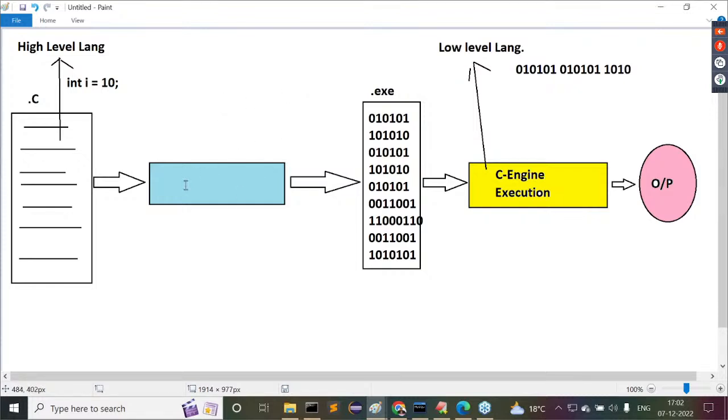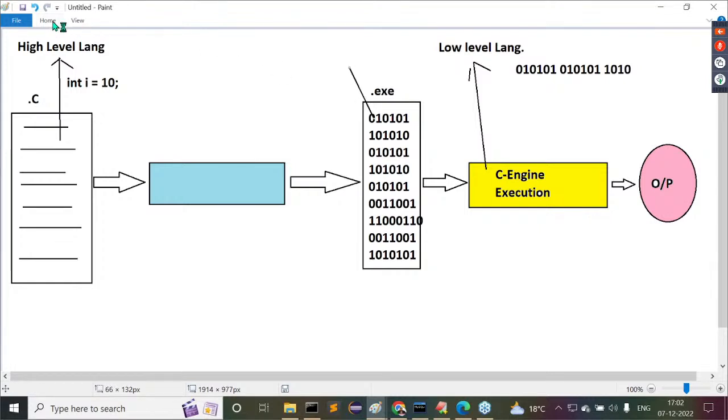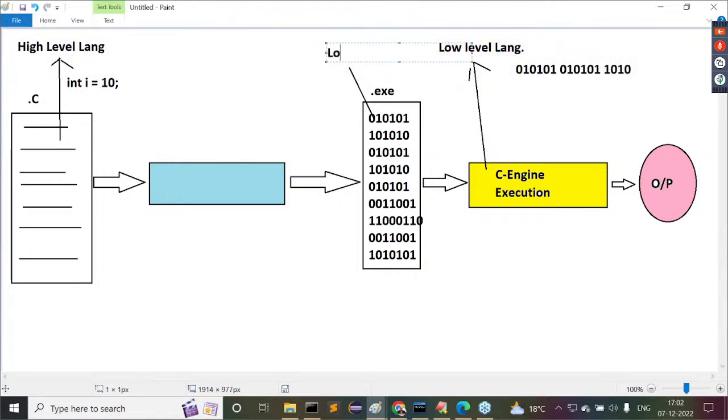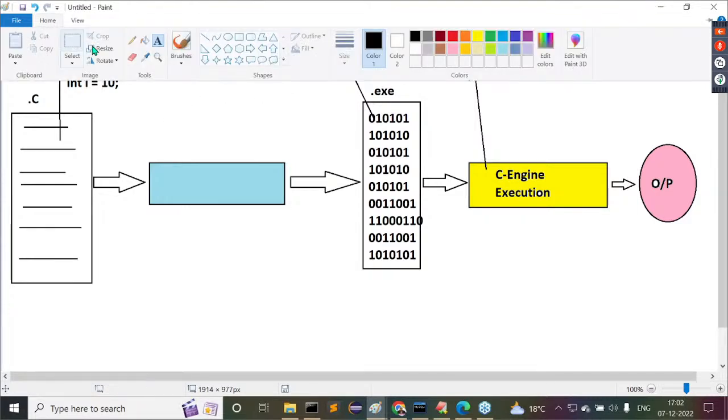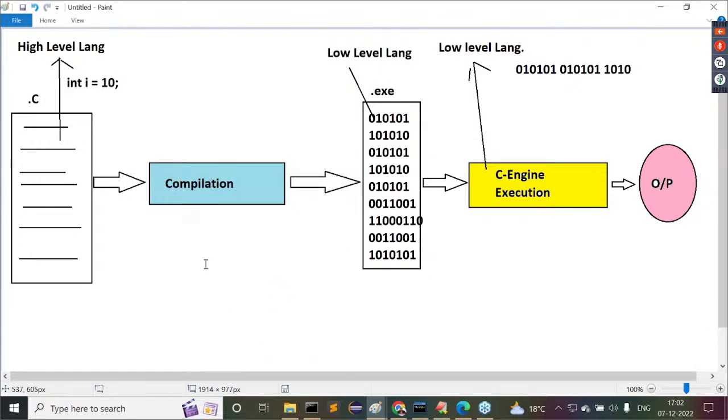Now understand this point here. We are using one translation mechanism, or not? This translation mechanism is converting our code from high level to low level. So this is exactly the low level language code. Okay. The translation we have done to convert the program from high level to low level, this translation mechanism is called compilation.